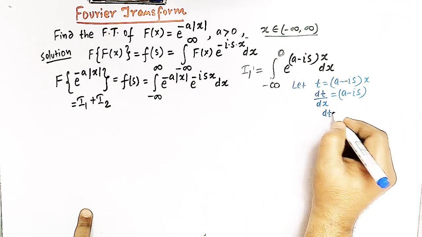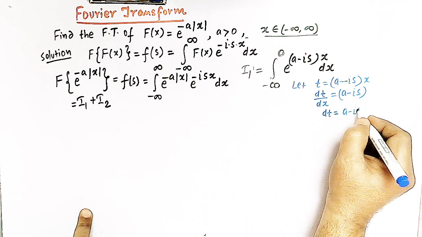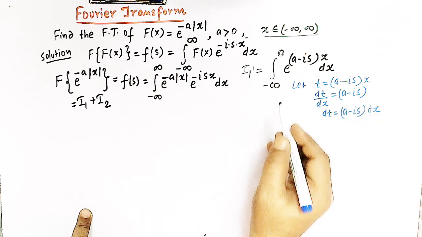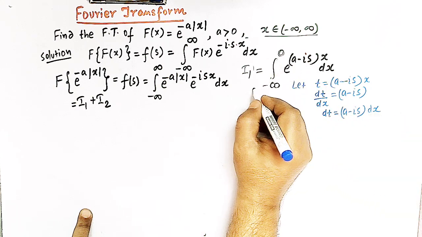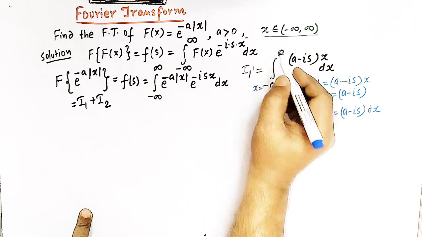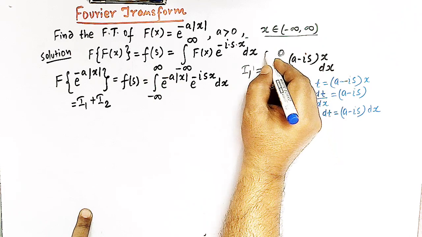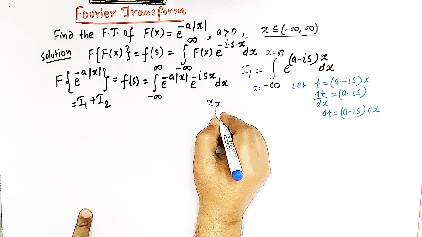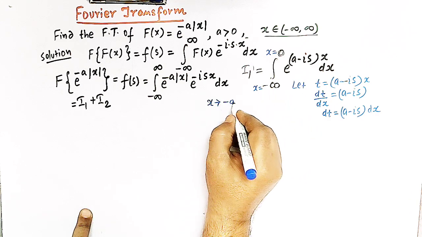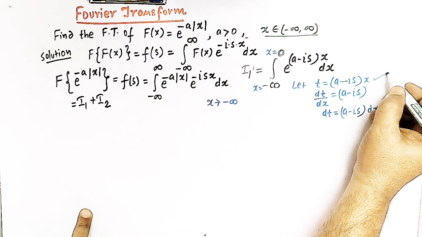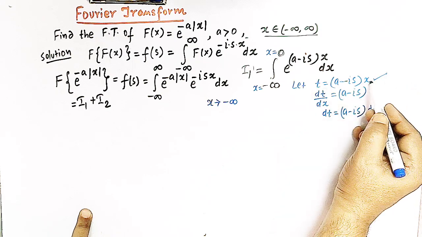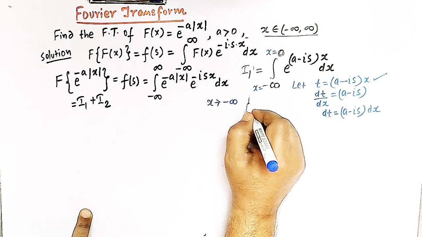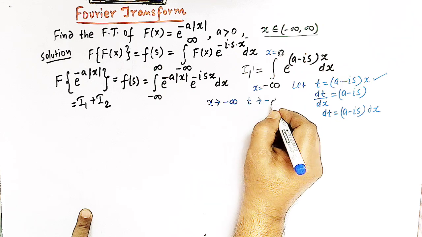So dt is equal to (a − is) dx. Now the limits of integration vary from x equal to minus infinity to x equal to 0. When x tends to minus infinity, from this substitution we can easily make out that t tends to minus infinity.